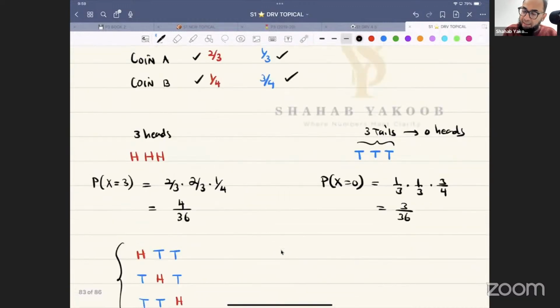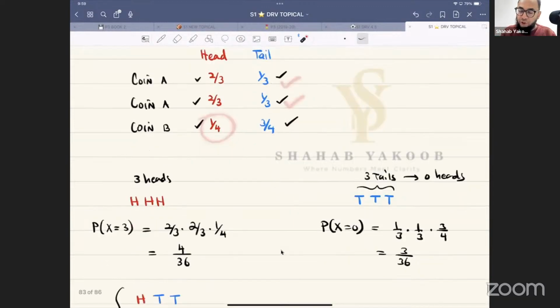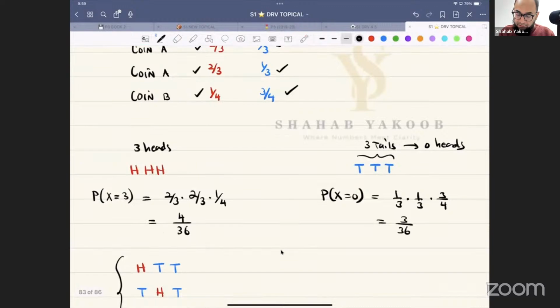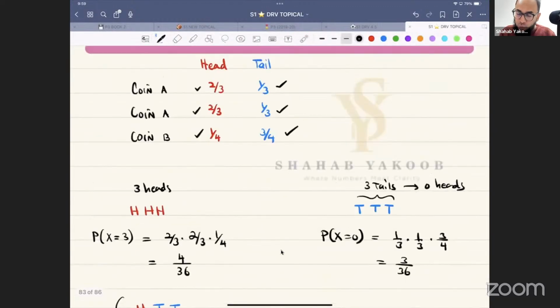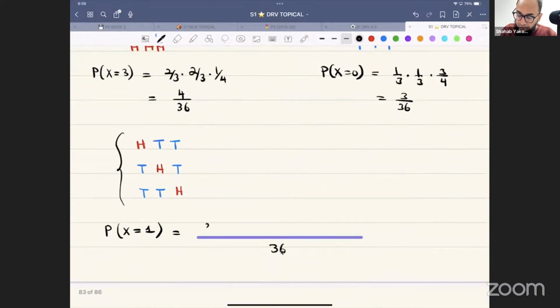Head, tail, tail. If I choose this head, I'll multiply with this tail and this tail. So head, tail, tail, or tail, head, tail, or tail, tail, head. These are the 3 options. The first one, head, tail, tail, is 2/3, 1/3, 3/4.